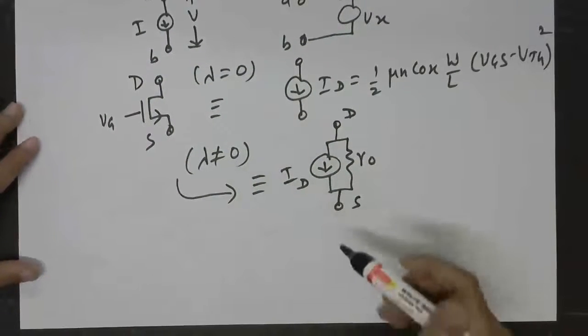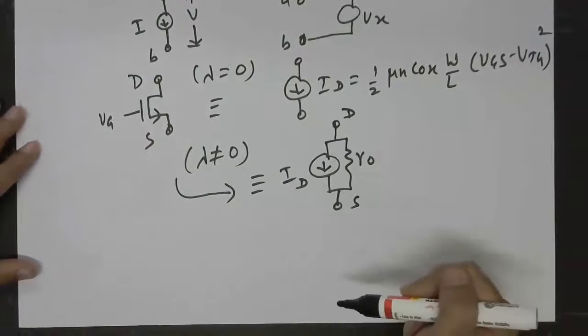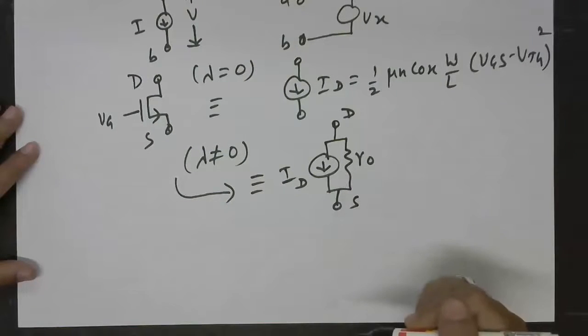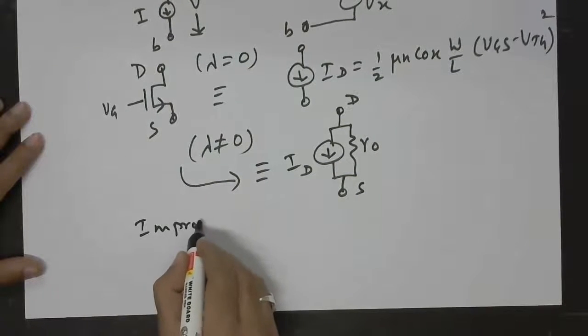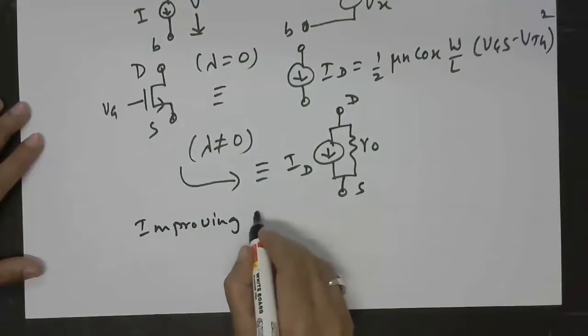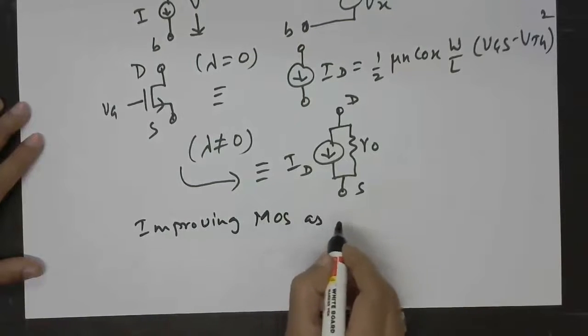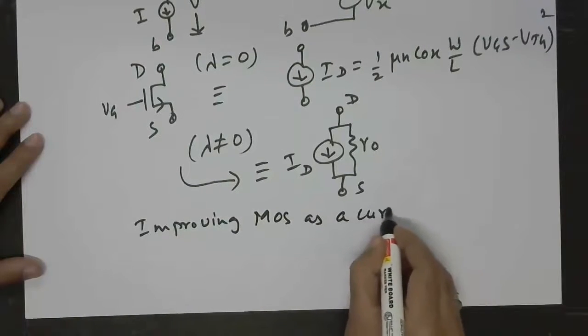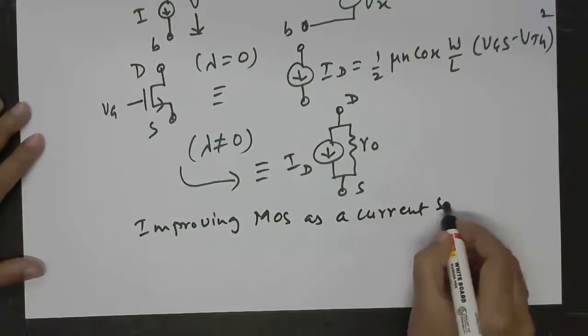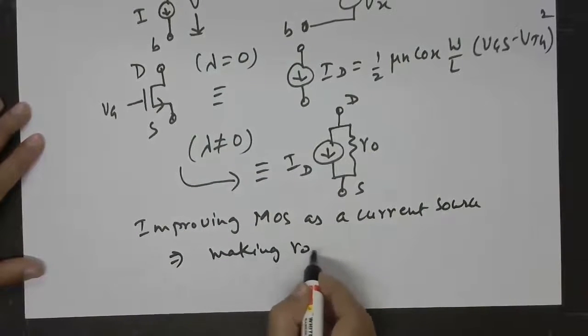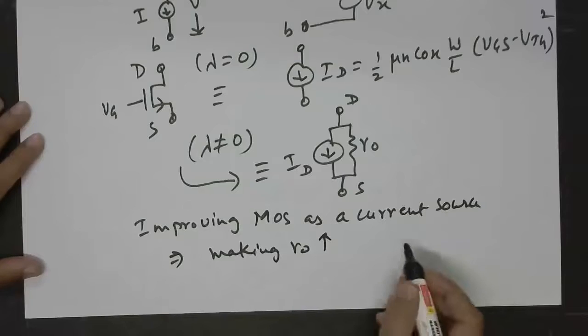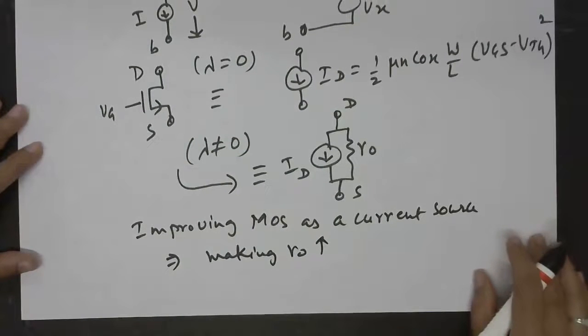So suppose we want to improve this current source. Improving the MOS as a current source implies making R naught larger and larger, ideally infinite.